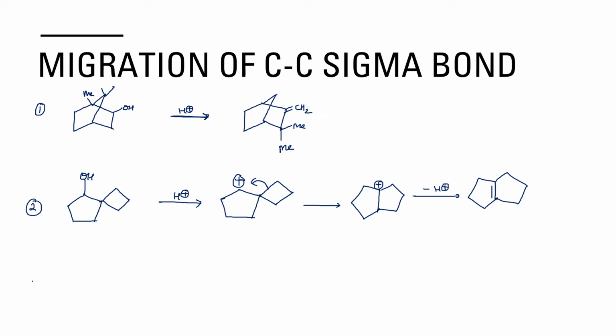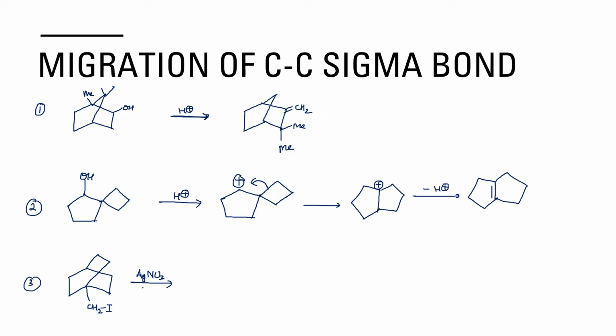Let's look at another case of migration of a C-C sigma bond. So you have a compound like this, CH2I, and this is now being treated with AgNO3.